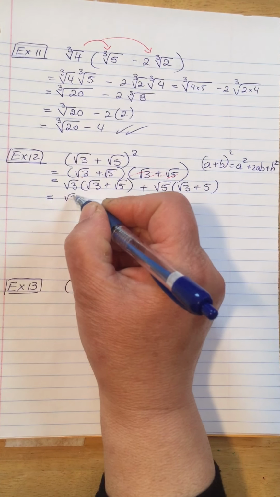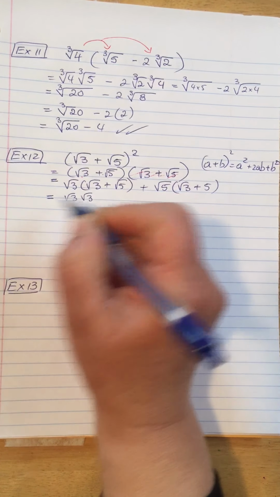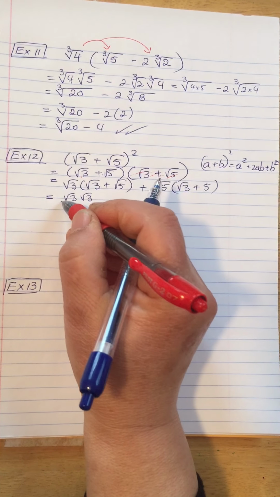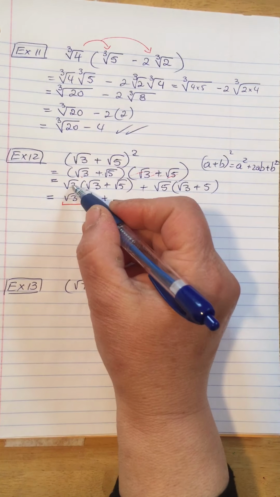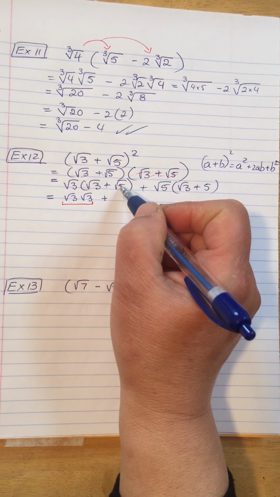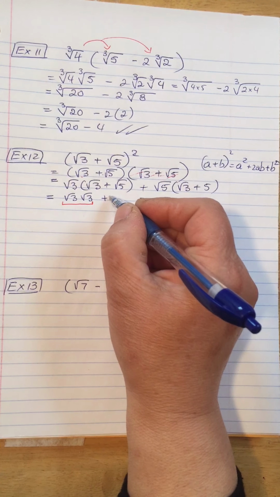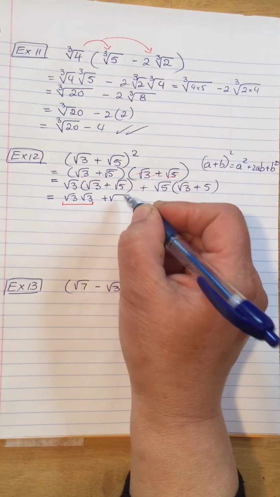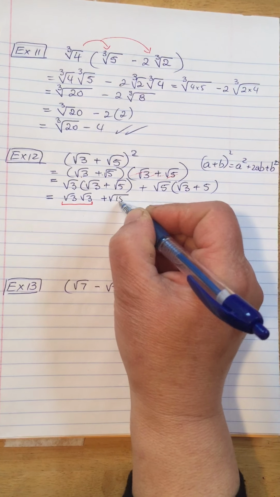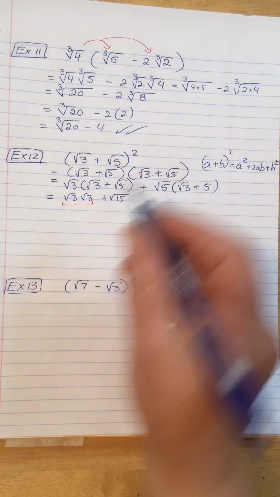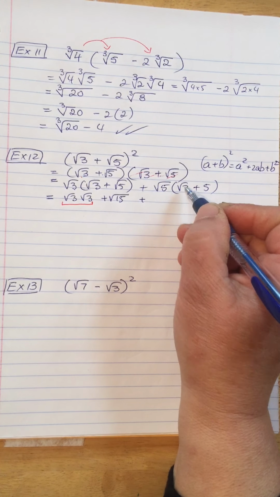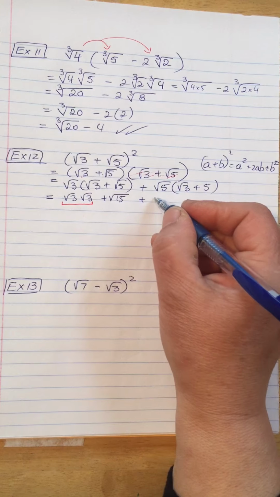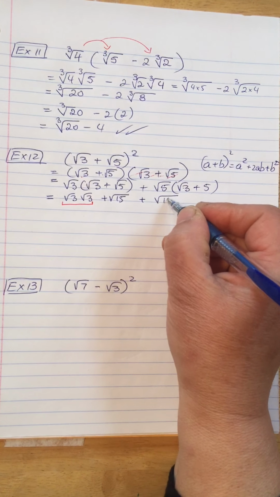Or I can leave the square root of 3 times square root of 3, and I know this is the number 3, plus the square root of 3 times square root of 5. I can multiply it, 15. Okay? Now, the square root of 5 times square root of 3, yes, I can multiply the same index. 5 times 3, 15.